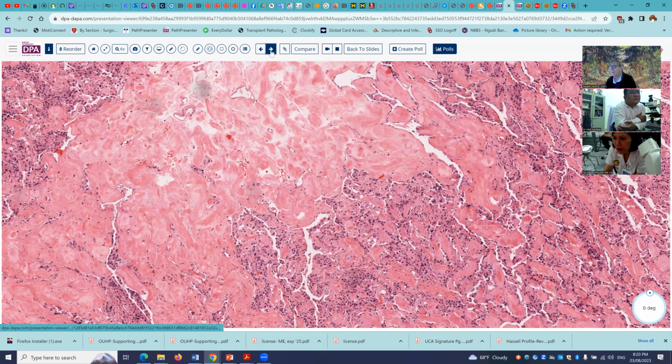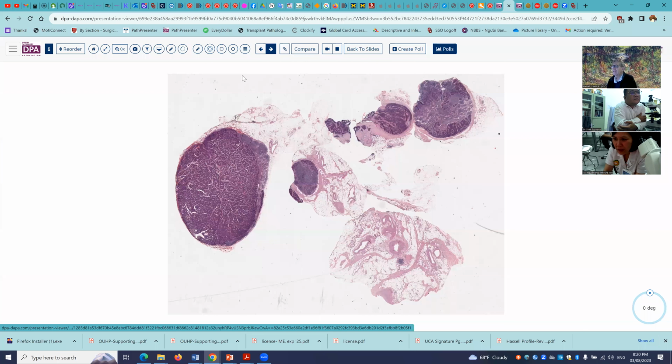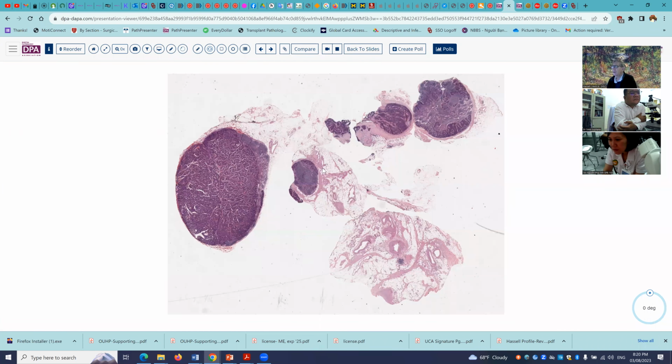We've seen metastases in the liver. Here's just an example of lymph nodes. And this is a lesion which you have to be a little bit careful of, because as you can see, it's a fairly blue tumor, and if it totally replaces the node, you may just see a mass of tumor cells.